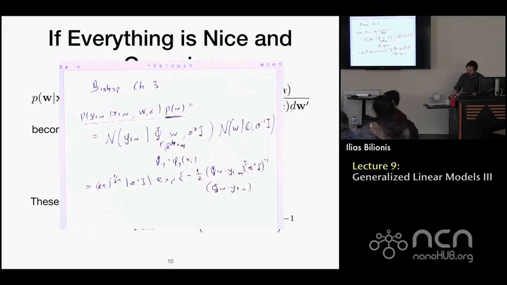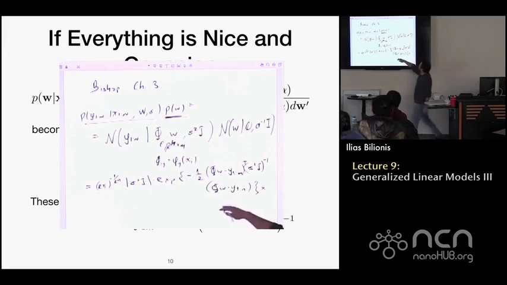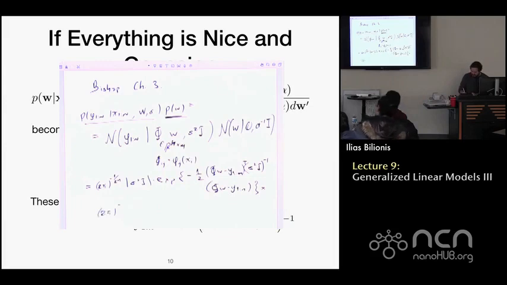I'm going to post this anyway. Of course, you can find this on Wikipedia. And then the other thing is (2 pi) to the minus m over 2, where m is the number of basis functions, and here you have a determinant to the minus 1/2, times exp of minus 1/2 norm of w squared, with an alpha here.